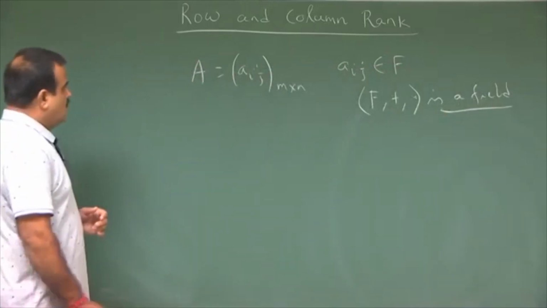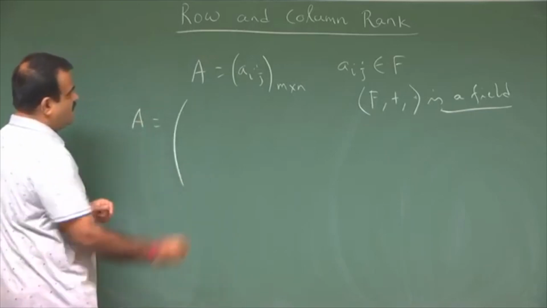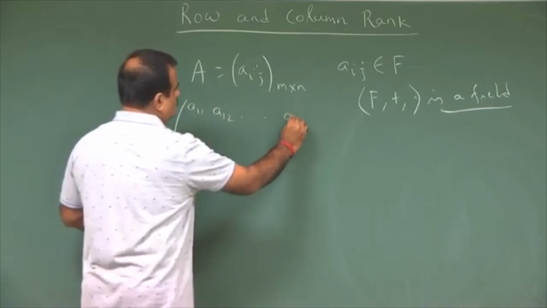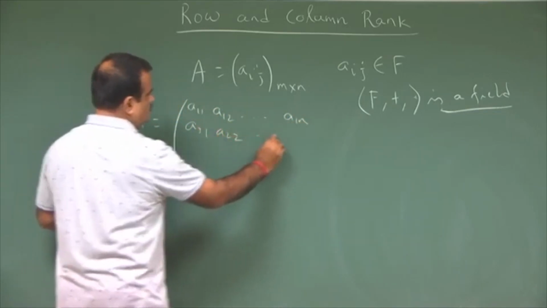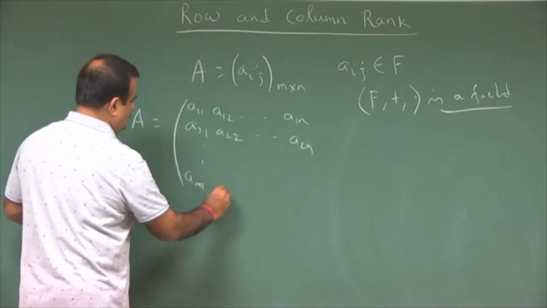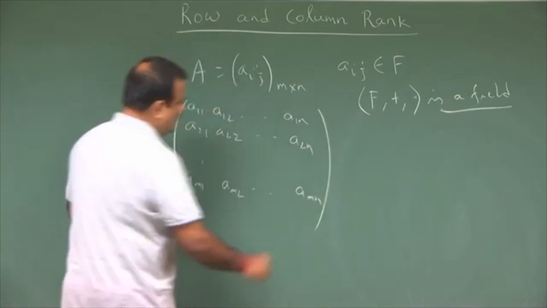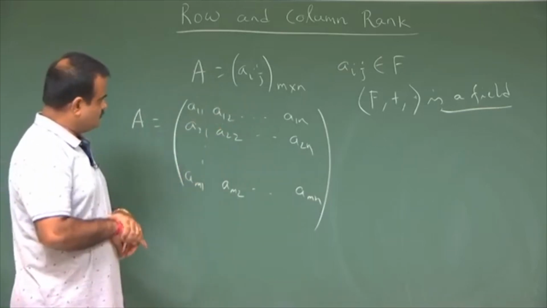So A is an m by n matrix. It has m rows. This is the first row, a 1 1, a 1 2, up to a 1 n; then a 2 1, a 2 2, and so on, up to a m 1, a m 2, a m n. This is the m by n matrix where the elements are coming from the field.